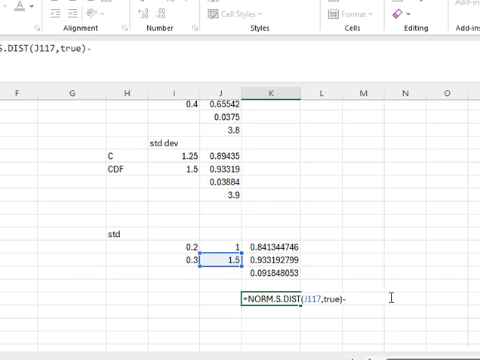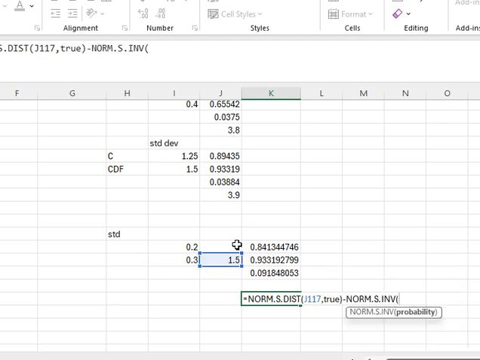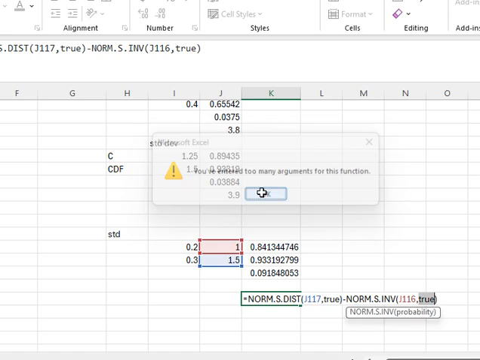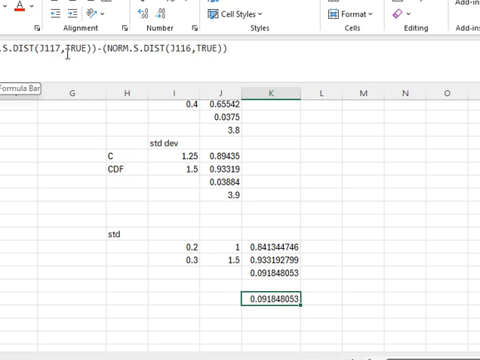I might not need the bracket, so let's just do it without the bracket. And then of course, true. One moment, sorry about that. So this is what we input here. You can see the NORM.DIST, and you're going to start with 1.5.